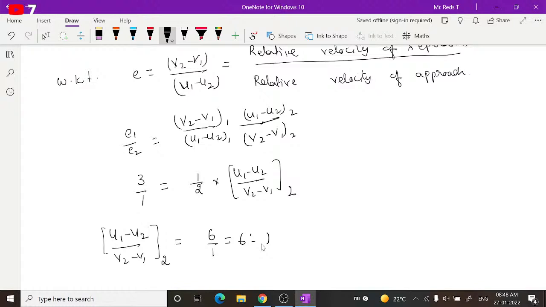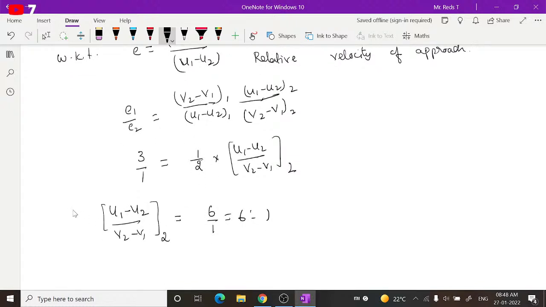Got it? So here in the given options, option 4 is the correct one. So note this down quickly, everyone.